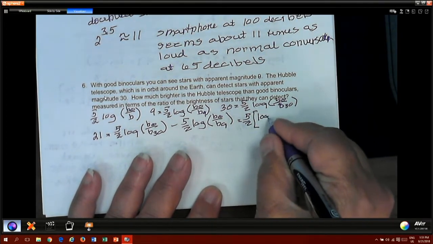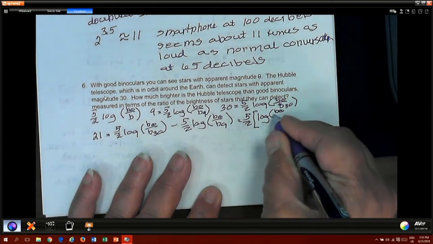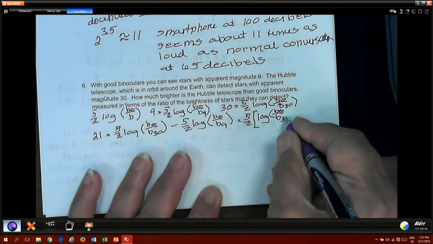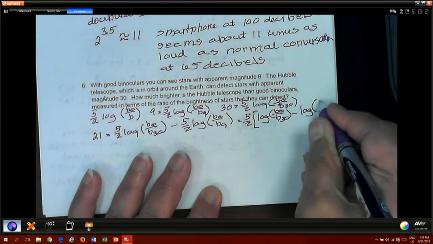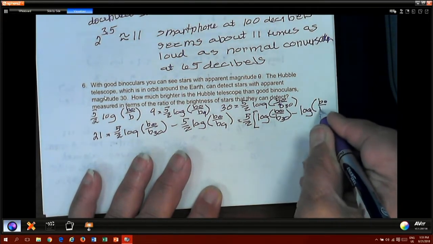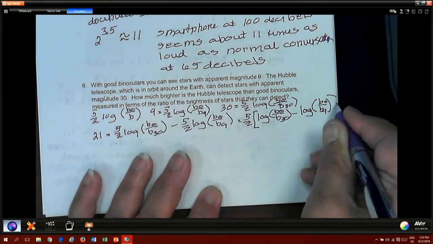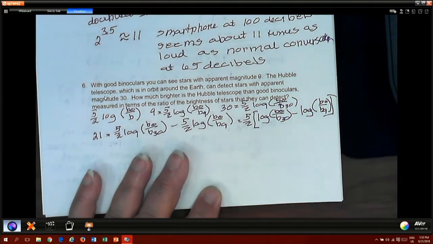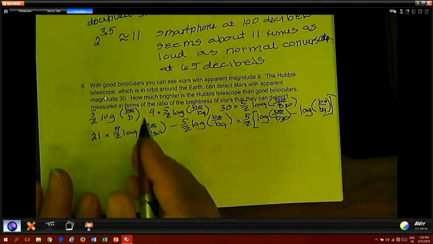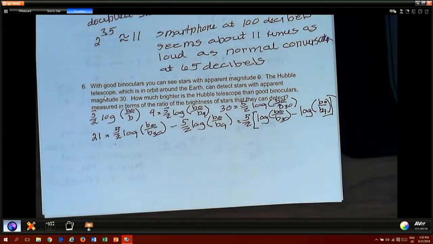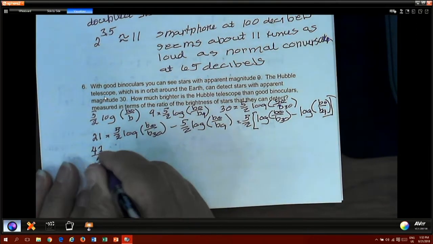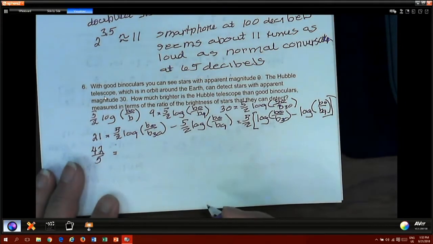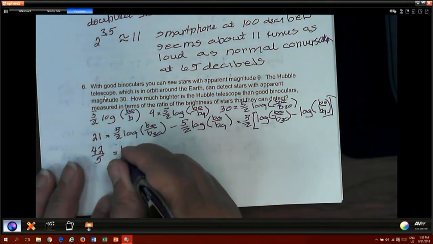We have log b sub 0 over b sub 30 minus log b sub 0 over b sub 9. Multiplying both sides by 2/5, we get 42 over 5 equals log.